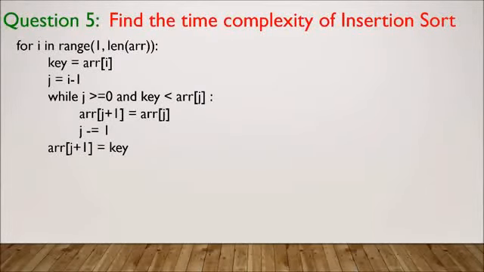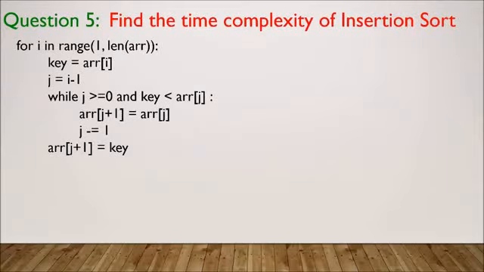And how many swaps? n minus 1 swaps. We have to exchange the values, so n minus 1 swaps are to be done. Similarly, the second element, the second highest element, we have to take to the second last position. So how many comparisons will be made? n minus 2. And how many swaps? n minus 2.